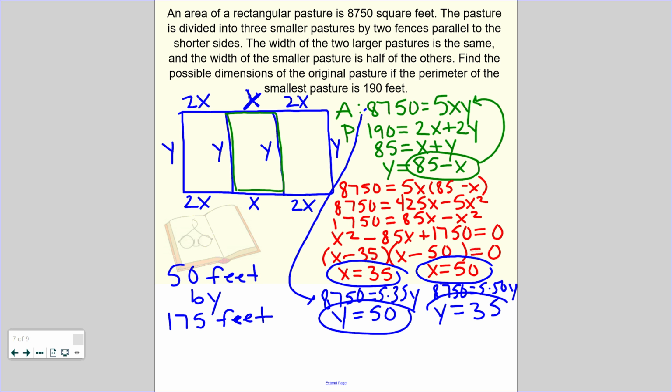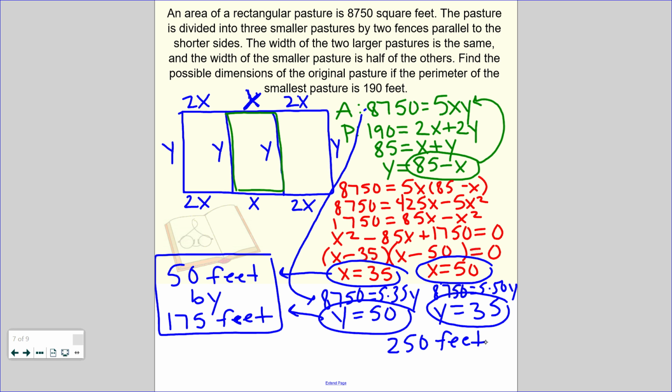Oh yeah, there is a second solution. Let's use that. So the first possible answer, if I use these two numbers, is 50 by 175. The second possible answer, if I plug in 50, so across the top, 2x, x, and 2x, I have 5 x's. It would be 250 feet by 35 feet. So 2 possible dimensions of the original pasture could make this situation possible. It's an interesting problem.